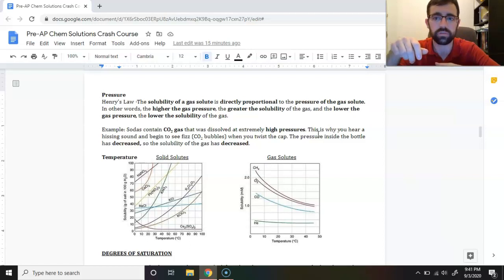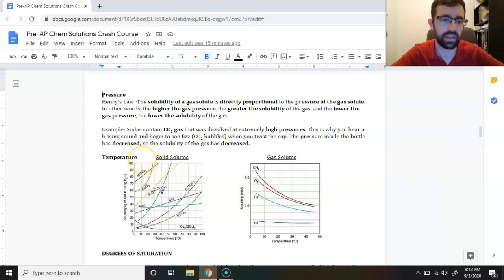When you open a bottle, you decrease the pressure. That's what we say here. The pressure is decreased, so the solubility of the gas decreases. And what happens? It comes out of the solution. And gases, when they come out of solution, go up. They come up into the atmosphere.